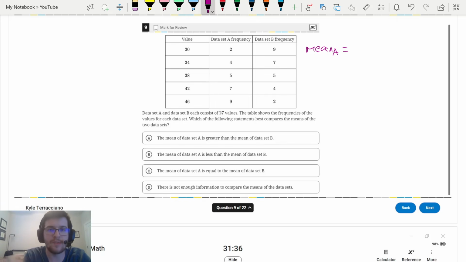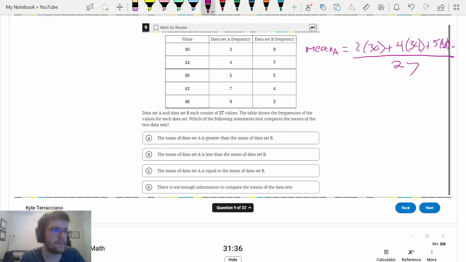To get the sum, you do the frequency times the value plus the frequency times the value over and over again. So for A, it would be like 2 times 30 plus 4 times 34 plus 5 times 38... And you just keep doing that over 27.